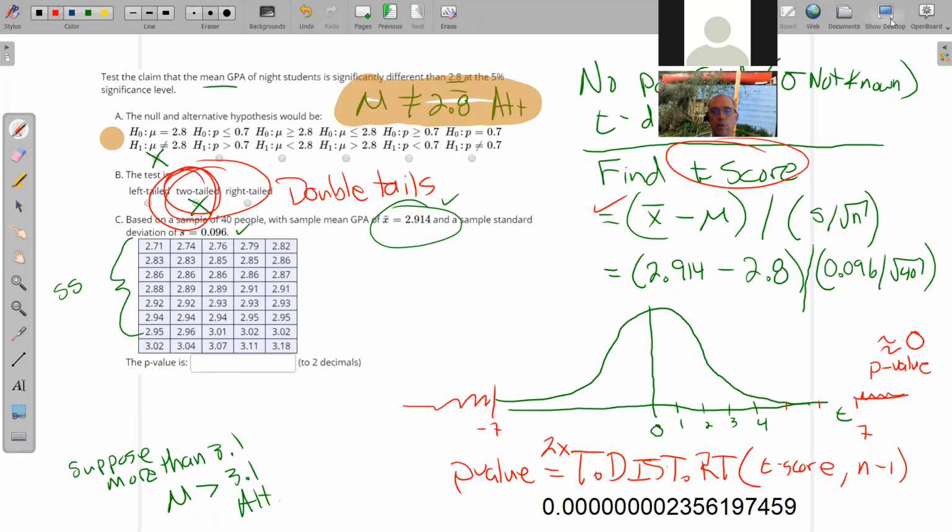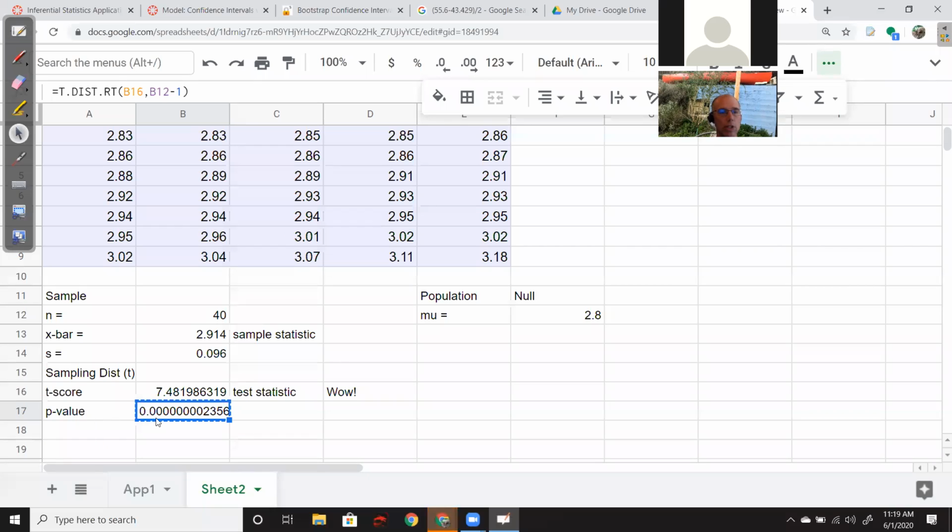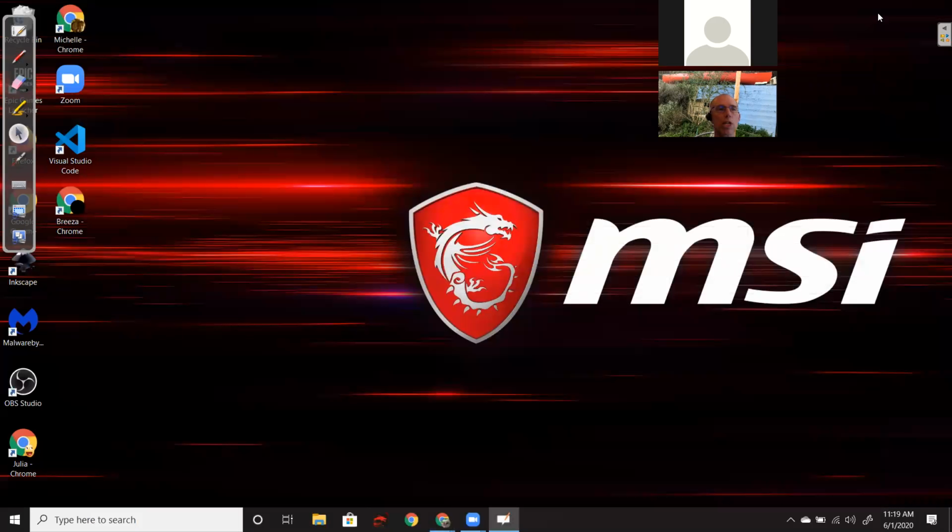So fix my spreadsheet. To calculate my p-value here, I actually have to go back in my formula and multiply it by 2. Okay, but it's still wicked small. It's like 0. If somebody said, hey, what is it to 3 decimal places? It's 0. What's it to 4 decimal places? It's 0. What's it to 5, 6 decimal places? It's 0. There's such a remote chance of this happening.